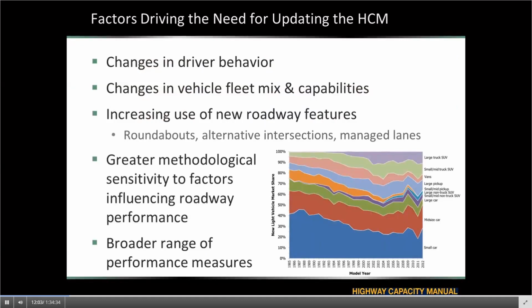Roadway features such as modern roundabouts and managed lanes have become widely adopted. As it has become harder and harder to add roadway capacity, the need to effectively manage existing capacity has become increasingly important, as has the need for measuring the effectiveness of techniques designed to manage capacity. Looking ahead, advances in connected and autonomous vehicles will undoubtedly impact roadway operations.